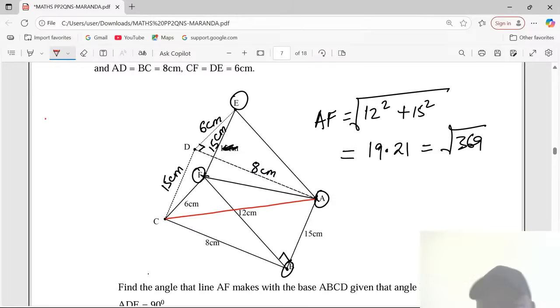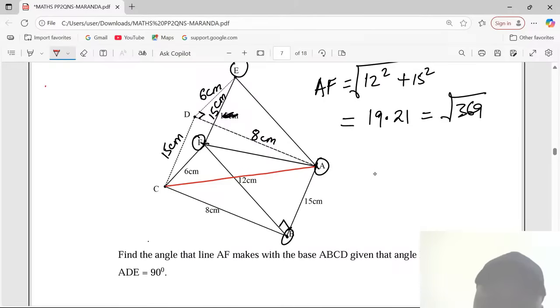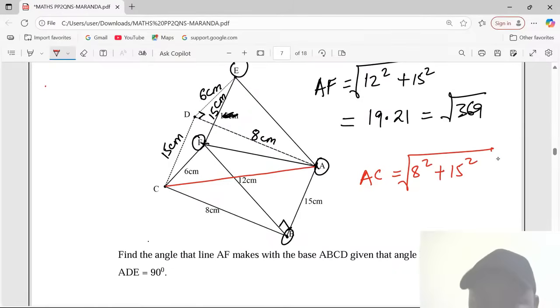Look at A to C. That length can be found using 8 squared and 15 squared. It is the diagonal of the base. So AC equals the square root of 8 squared plus 15 squared, exactly 17.